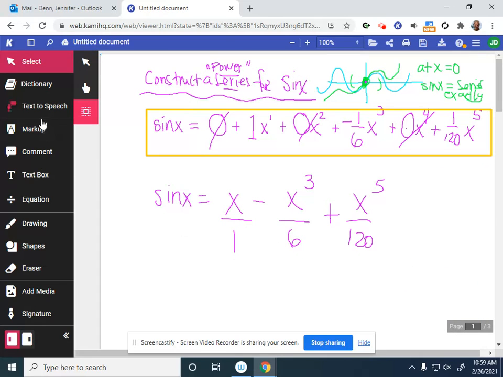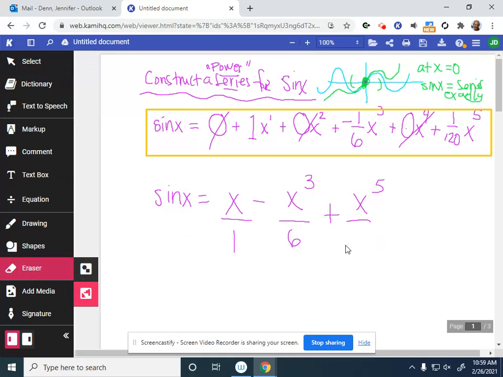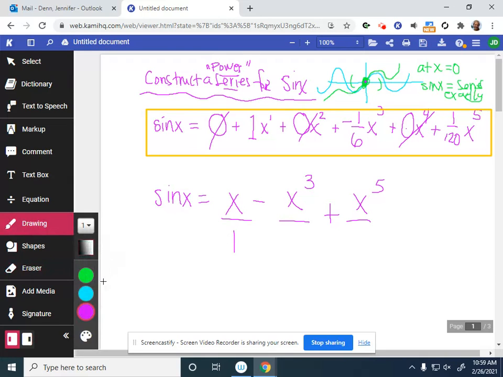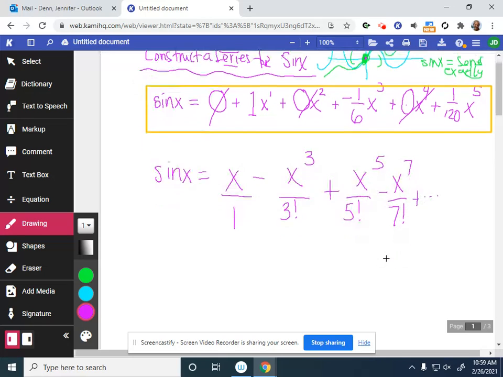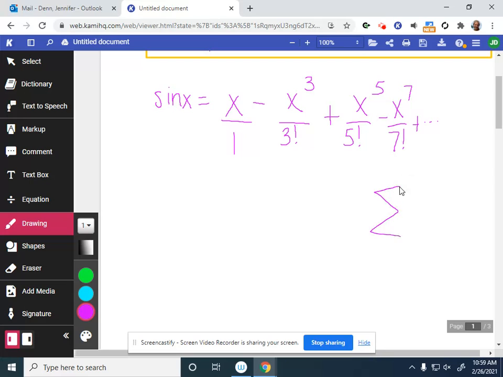So the series for sine, I don't want to leave it as the expanded form. I want to put the factorials under here. How about that general term? The general term then is the sum of -1 to the n, because these powers alternate.